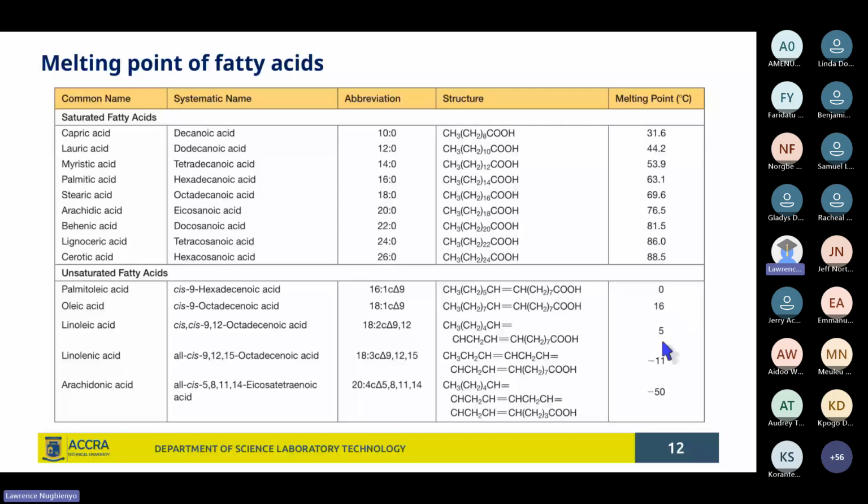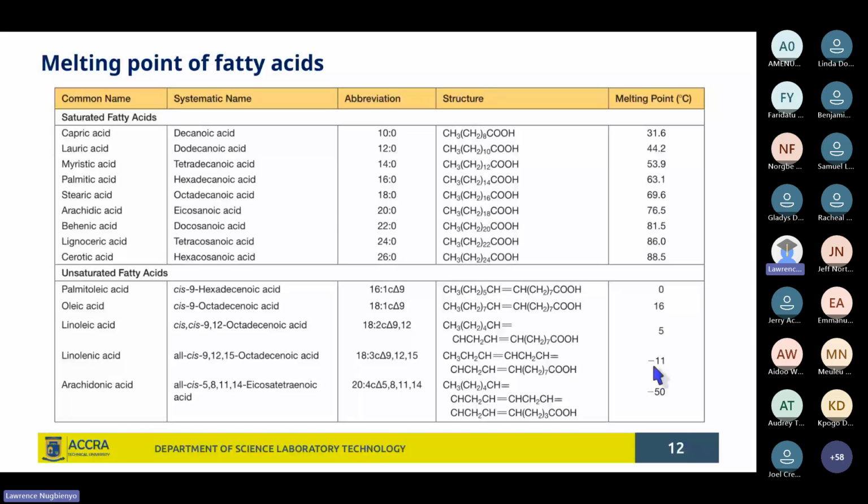And if you come again to the octadecanoic acid, linolenic acid, where now the double bonds increase again, the number of carbons still remains constant, 18, but you now have 3 double bonds in that structure. You notice that the melting point decreases much more, from 5 to -11. You know what that means?